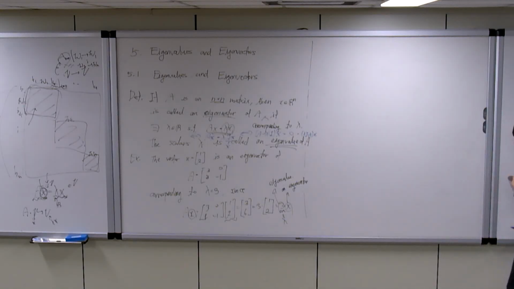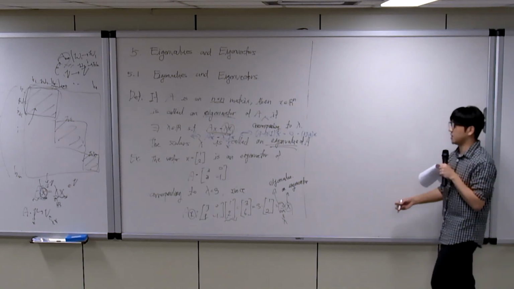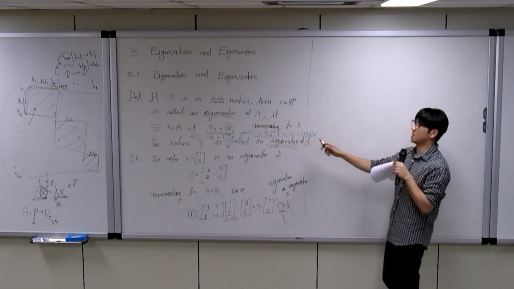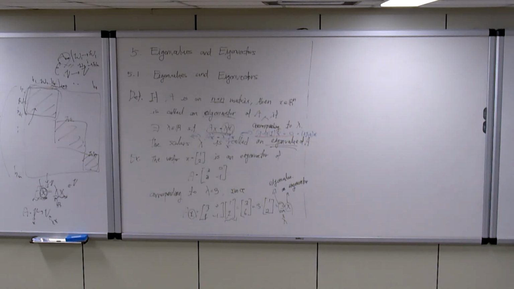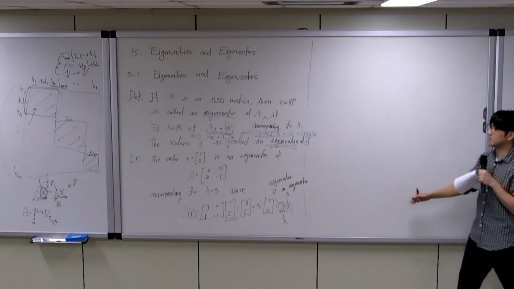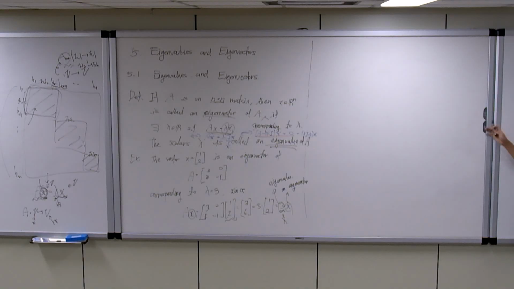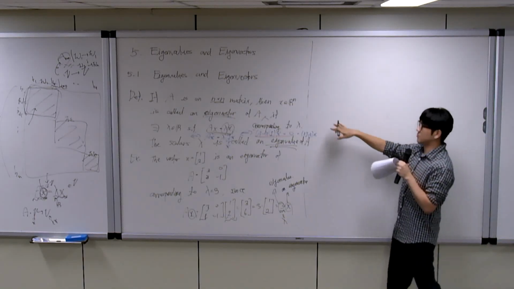It's also the same, but I will usually use this notation. And if you see the textbook, in the textbook they are using the latter one, but I prefer the former one. So it is the same, all the notation is the same.